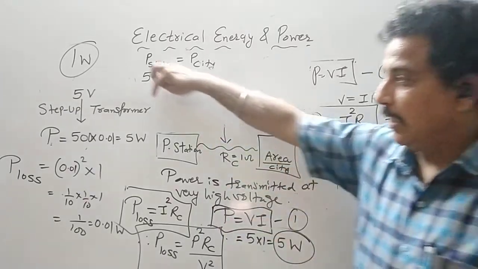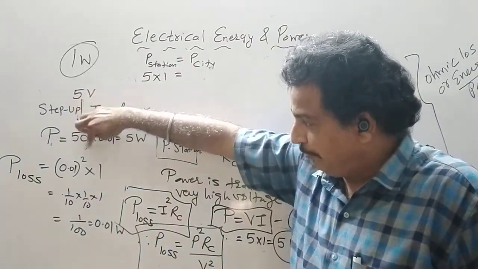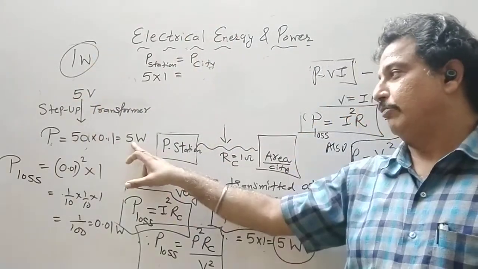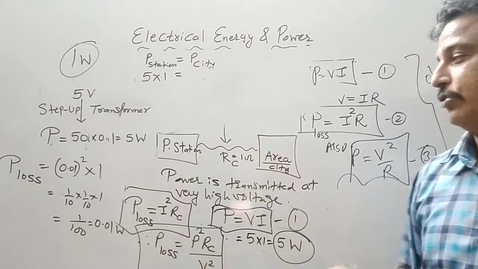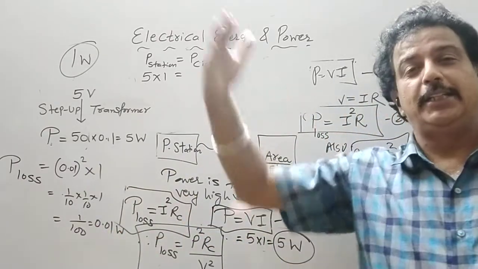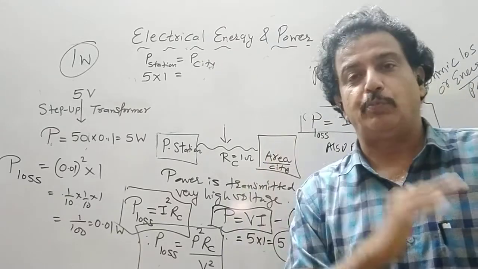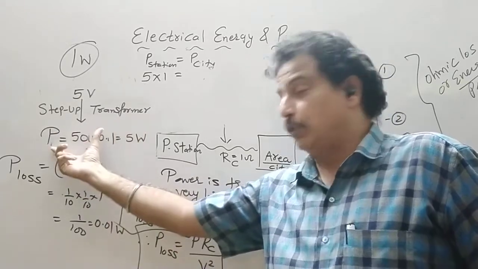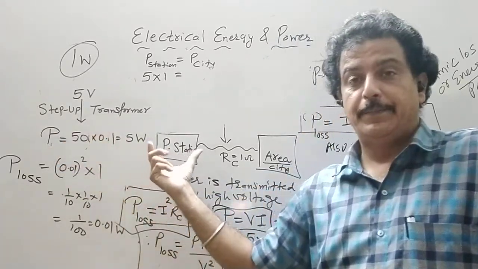But as I make the potential difference 50 and the current 0.1, again I get 5 watt, the power loss reduced to only 0.01 watt. So I keep on increasing the voltage as large as possible. I can make 500, then 0.01, 5000, 0.001.